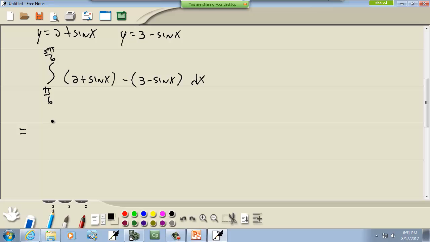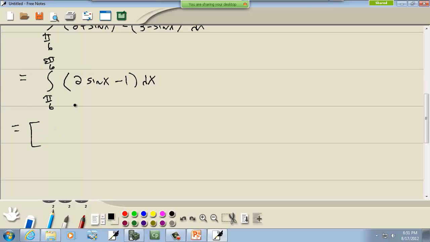Okay, do a little bit of simplifying. We got sine x here. Negative gives us a positive sine x, so we got 2 sine x. And then 2 minus 3 gives us negative 1 dx.